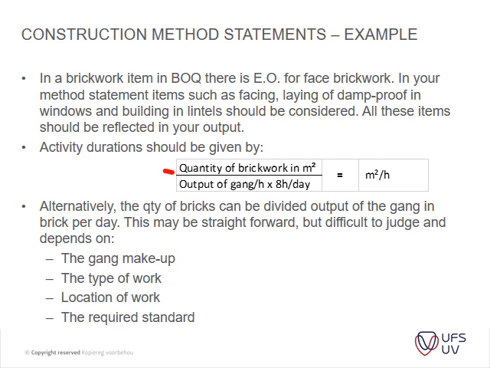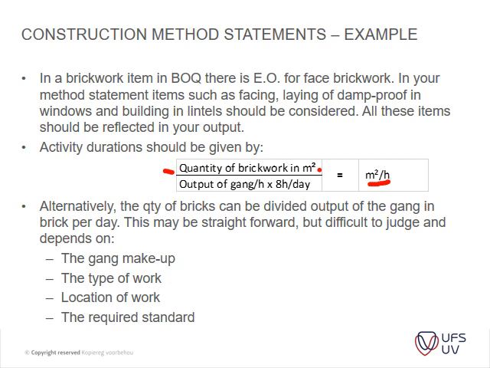It's your quantity of brickwork in square meters and your output of the gang per hour and 8 hours per day. So you are basically getting to a square meter rate per hour. Alternatively, the quantity of bricks can be divided out of the gang in bricks per day. This may be straightforward but difficult to judge and depends on the gang makeup, the type of work, location of work, the requirements, standards.